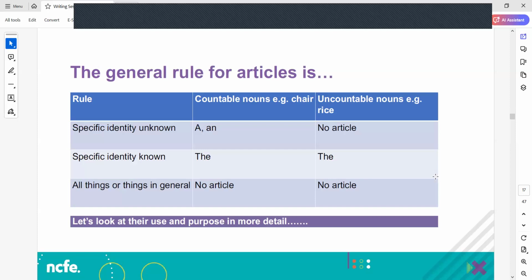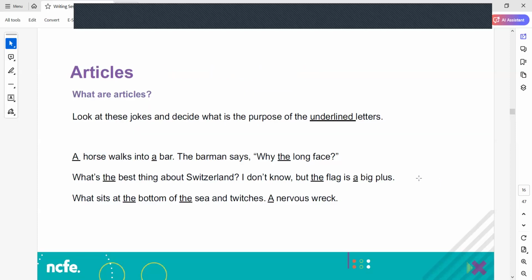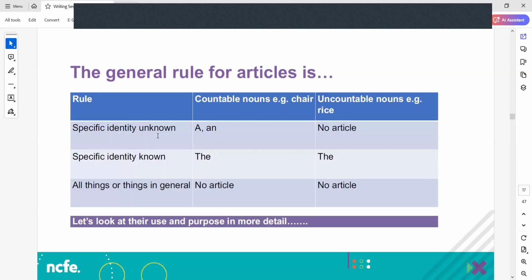So if the specific identity is unknown, so we're not talking about, for example, here, initially, we're just introducing a horse, and we just need people to imagine a horse. So we would use a or an.